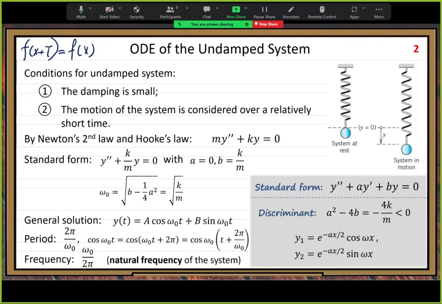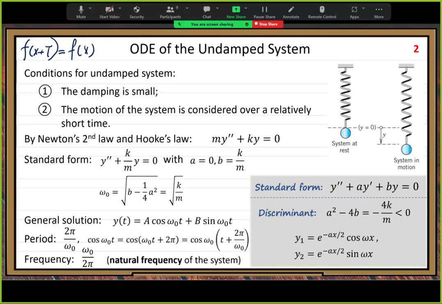Think about when we apply an external force. Later you will see we will apply an external force on the system. That external force has its own frequency, which is different from this natural frequency. Two different frequencies: this one is natural, that one is the external frequency.